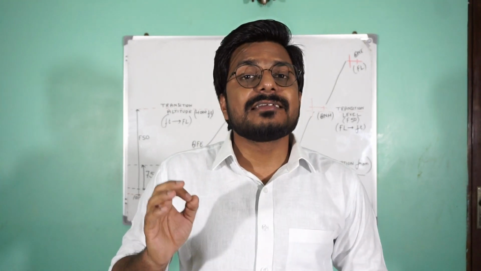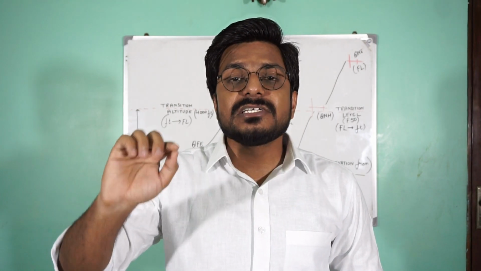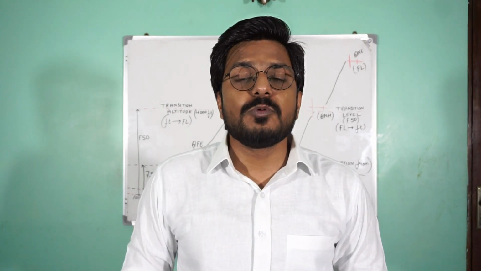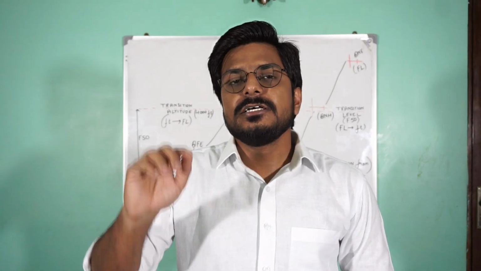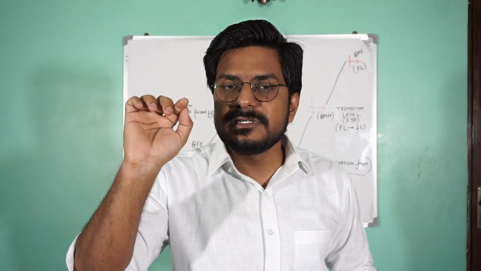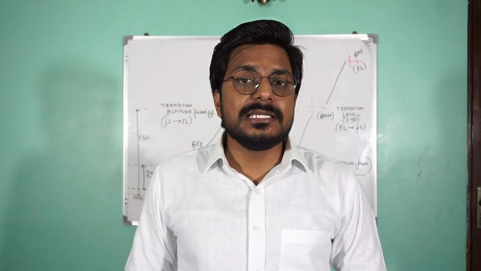After reaching the transition altitude, what we have to do is set the pressure datum of standard sea level pressure, that is 1013.25 hectopascal. As you reach transition altitude, you will select that standard pressure datum, which is 1013.25.